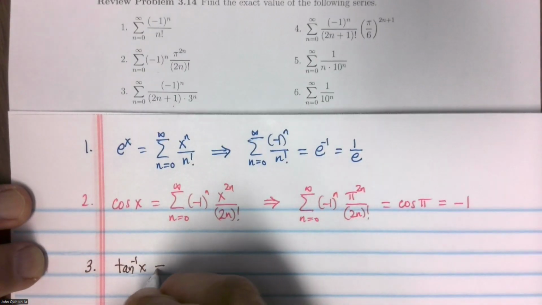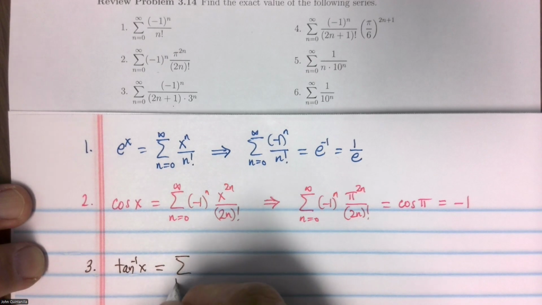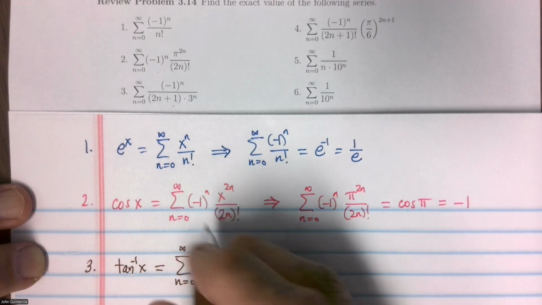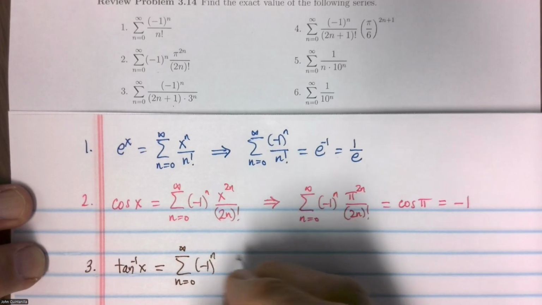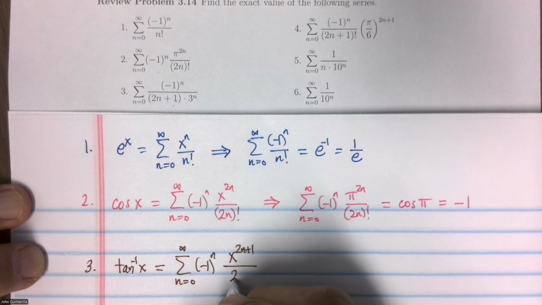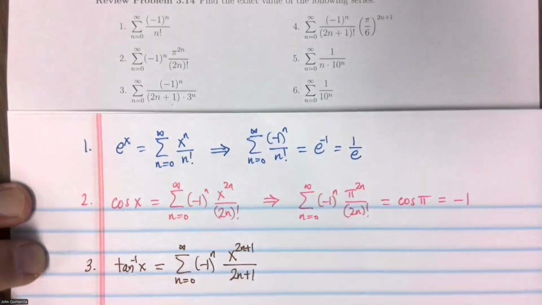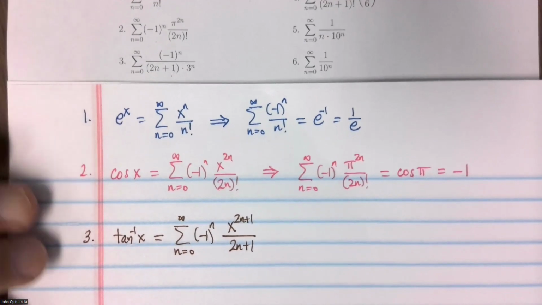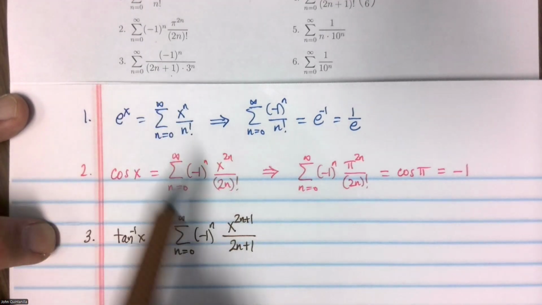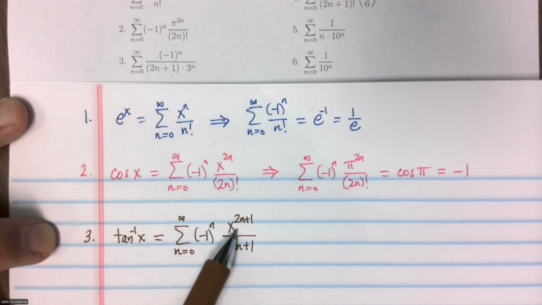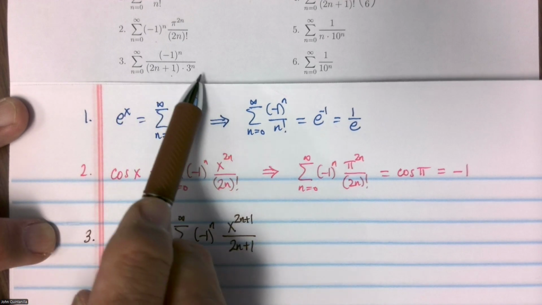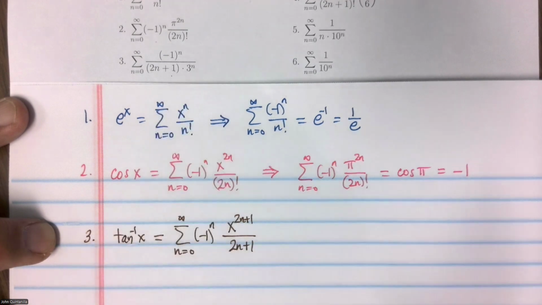Arctangent of x is equal to the summation n equals 0 to infinity of (-1) to the n, x to the 2n plus 1 over 2n plus 1. So that kind of matches what I have here. (-1) to the n certainly matches, 2n plus 1 matches. So I need to get this to match. Instead, I've got a 3 to the n.